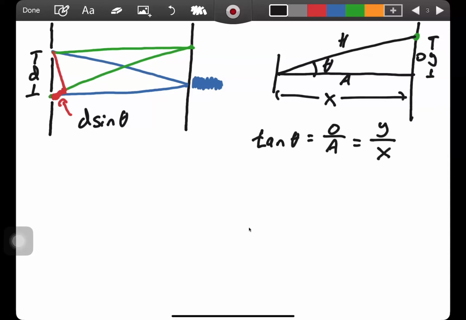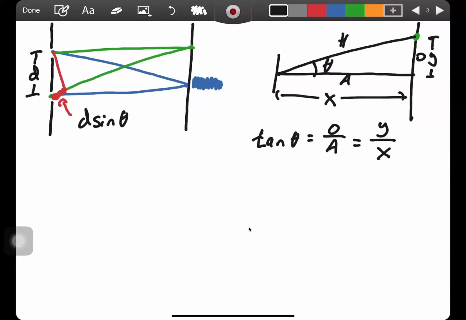And again, theta is defined as this angle between where you have the openings and the angle swept either upper on the screen or lower on the screen from the central maximum, because you can also imagine that we can go below the central maxima. And so then that's how you have a relationship between the angle and how far away you are from the central maxima of the screen and how far away the slits are from the screen itself.